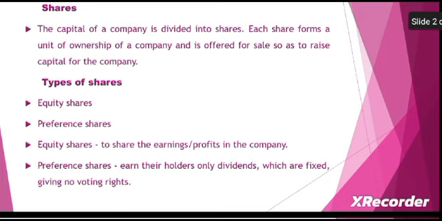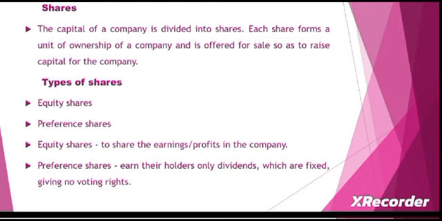What are the types of shares? Shares can be broadly divided into two categories: equity shares and preference shares. Equity shares give their holders the power to share the earnings or profits in the company as well as voting rights in the annual general meetings of the company.